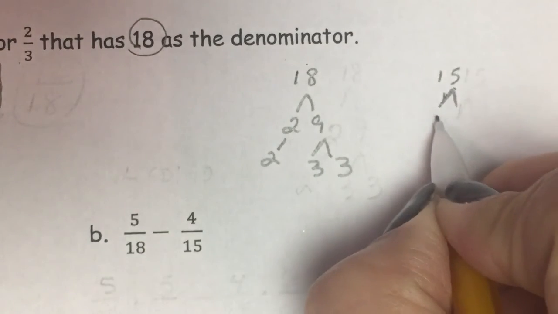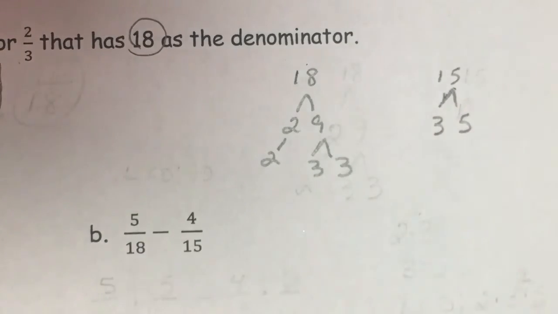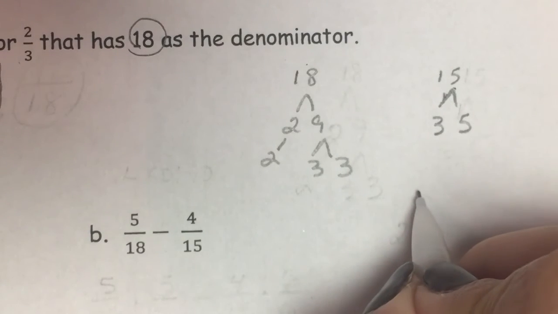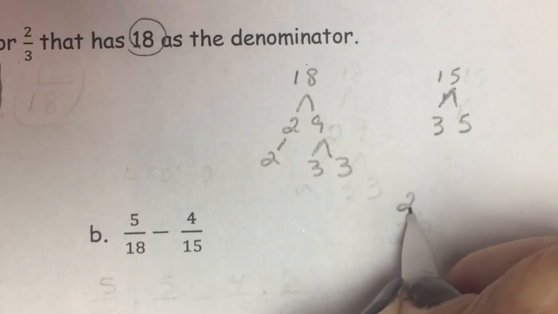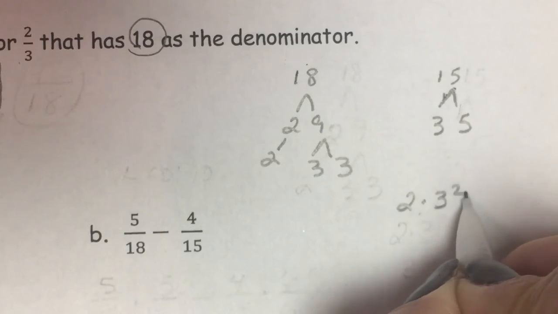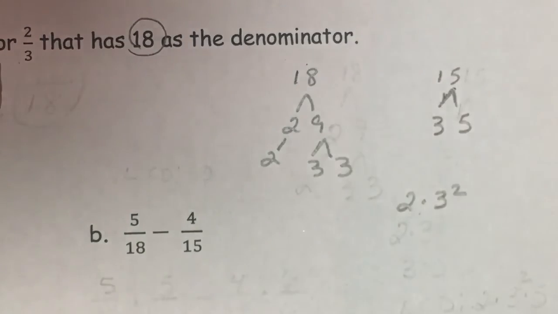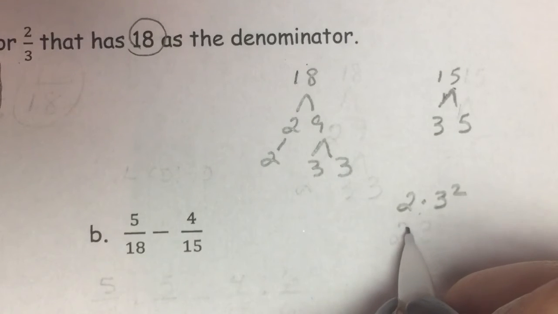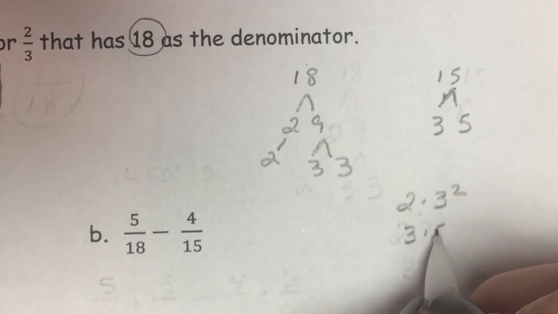What multiplies together to get 15? 3 times 5. Those are prime numbers, so we are done. So our 18 we could write as 2 times 3 squared because there were two 3's. And the 15 is just 3 times 5.